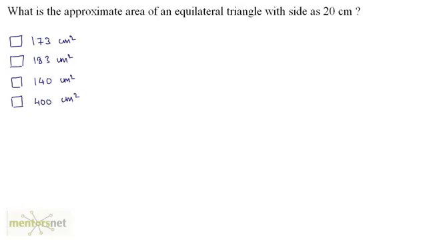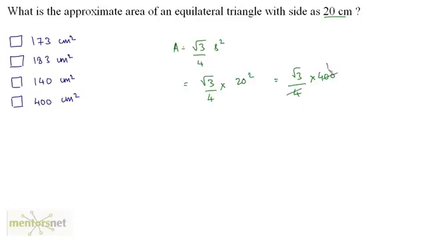What is the approximate area of an equilateral triangle with the side as 20 centimeters? So we know the formula for calculating the area of an equilateral triangle, that's root 3 by 4 times the side square, and we have been given the side. So we have root 3 by 4 times 20 square, that's root 3 by 4 times 400.